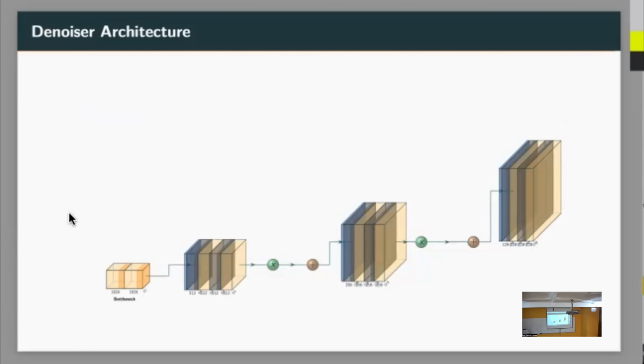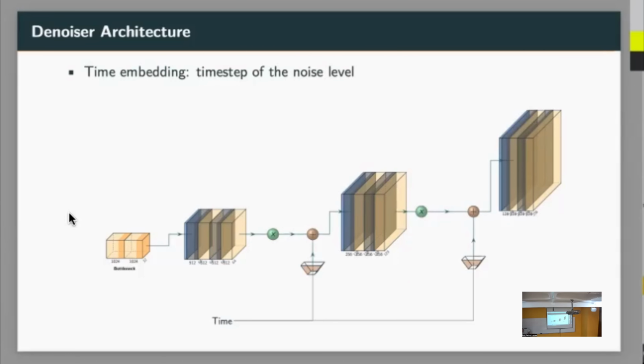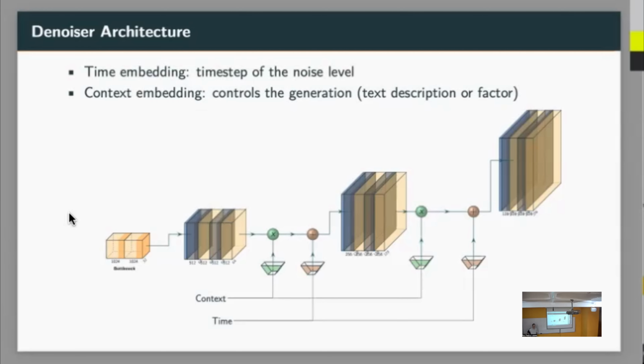But the most interesting thing is I add two things more. Remember that this is an iterative process, time 0, time 1, time 2, time 3. And so it's time dependent. If it's time dependent, I have to add a time embedding. And so I'm adding a new vector, and this vector represents the time step. But the most interesting thing is this, the context.